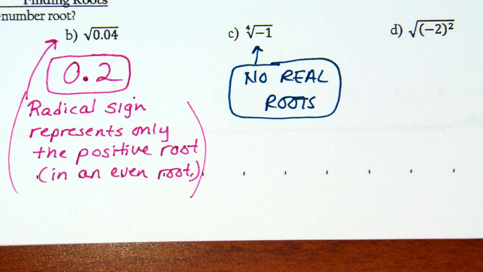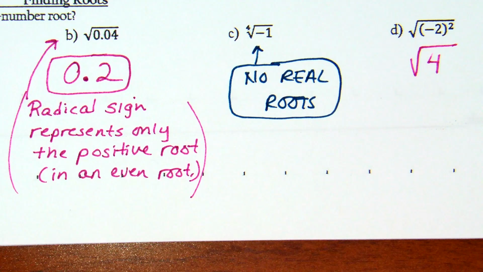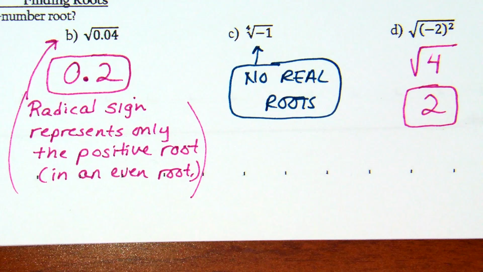Okay. So -2 squared, if we start under the radical, which you should, because it's kind of like parentheses. You start in the parentheses, in the radical. -2 squared is 4. Well, then when you turn that around, what's the square root of 4? 2. And again, also keep in mind, it's a radical, so they want a positive result.